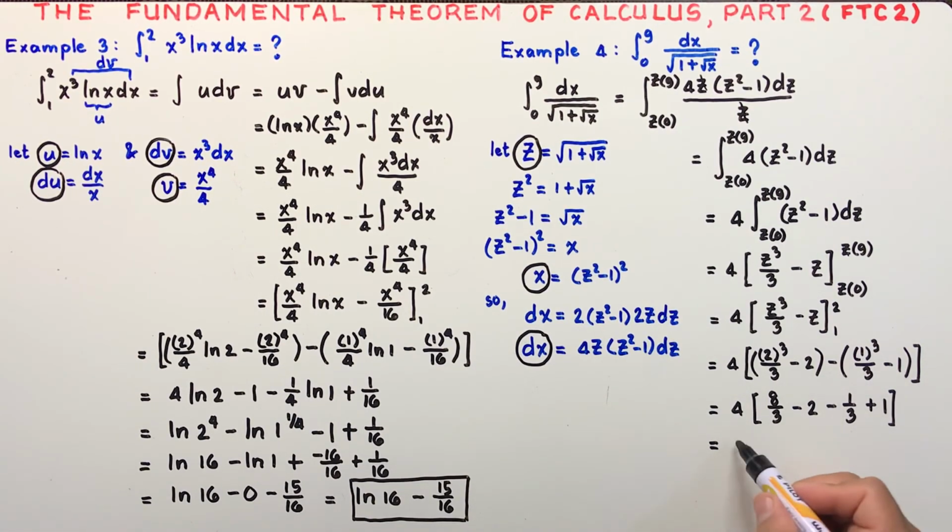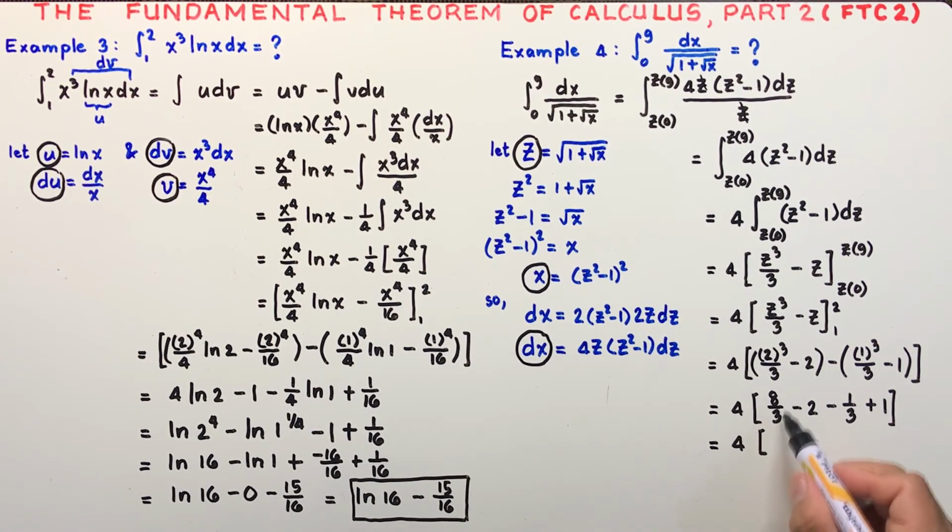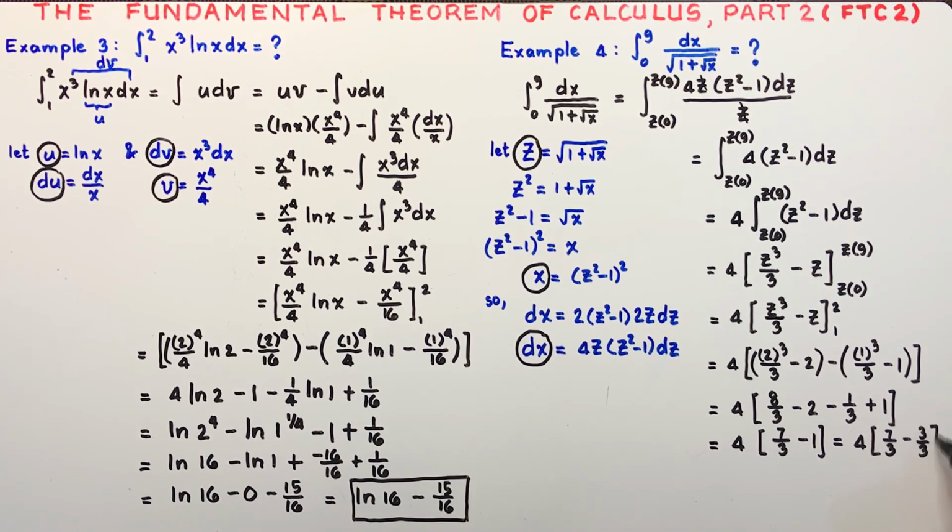So we have 4 times 8/3 minus 1/3, which is 7/3, minus 1, because minus 2 plus 1 is minus 1. And this is equal to 4 times 7/3 minus 3/3. And 7/3 minus 3/3 is 4/3. Therefore, our answer is 16/3. And this is our final answer for this definite integral.